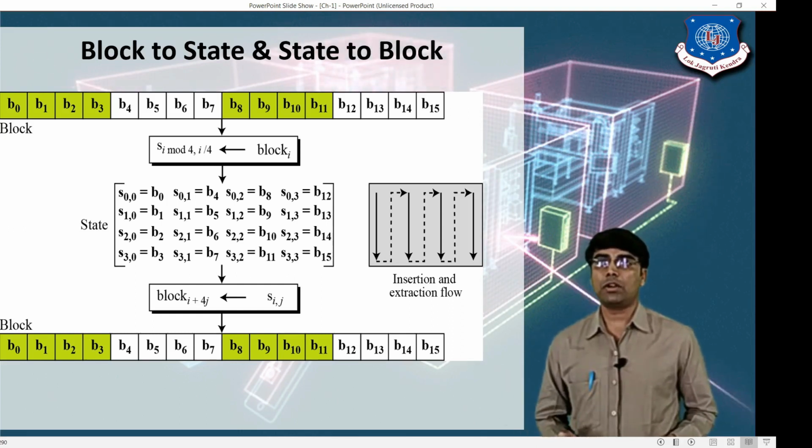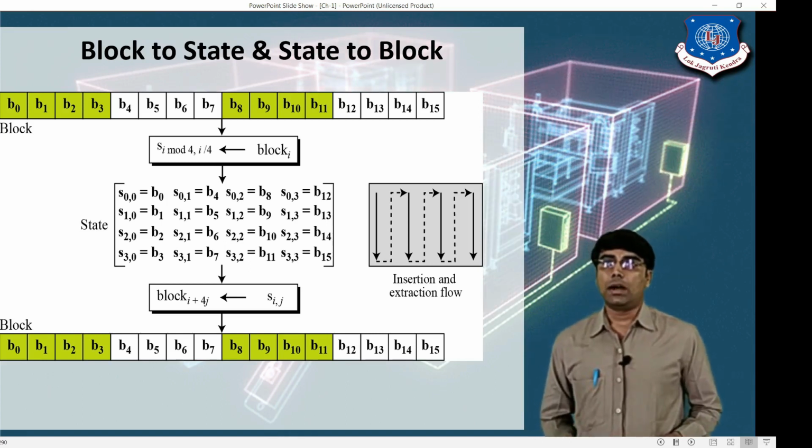Now take the next block B4, B5, B6, B7 and represent it in the state in a column. It means take the block and put it column wise. Like this you can fill this state.